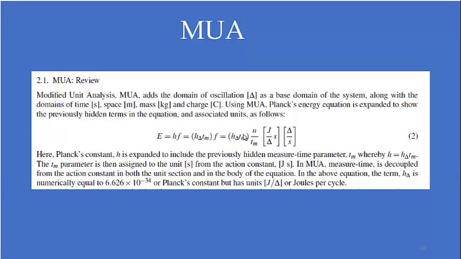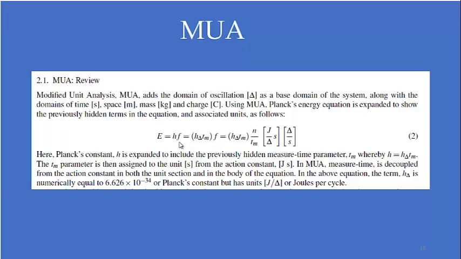Now, I want to make it clear that I'm not adding an extra time parameter to this equation, otherwise I'd have to add it to both sides. Okay, this time parameter is already there because it's in the units. And this is the problem I have with a lot of physics, is equations can hide things. There's a lot hidden in this equation.